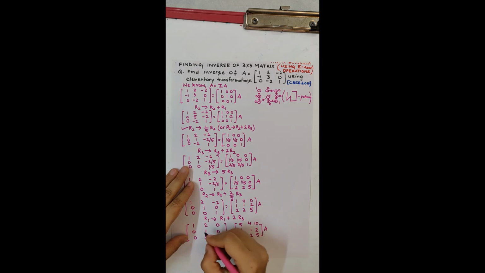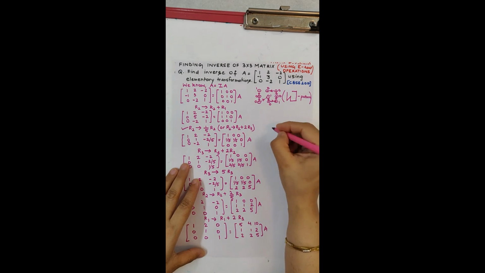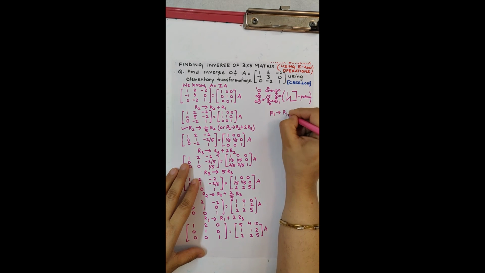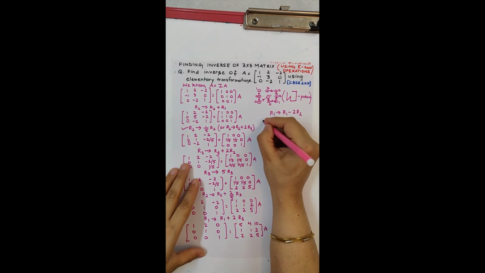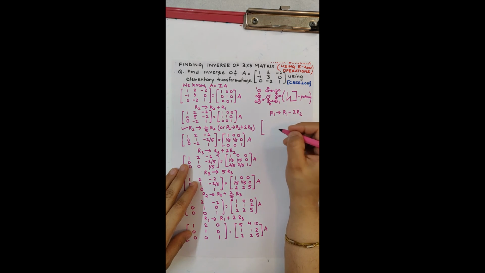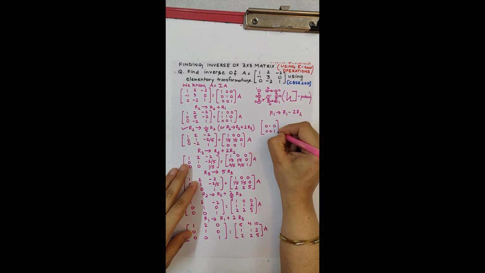Now next what we have to do is make this entry 0. How do we do that? Multiply this by 2 and then subtract from it. So we apply the operation now. Let me write it here. So it's R1 goes to R1 minus twice of R2. All right, the first row is changing and the remaining are not changing, so we'll copy them down. It's 0, 1, 0, and 0, 0, 1 here on the left hand side.